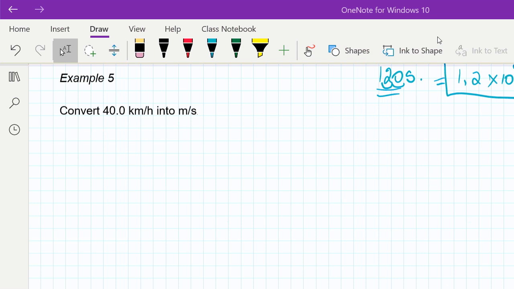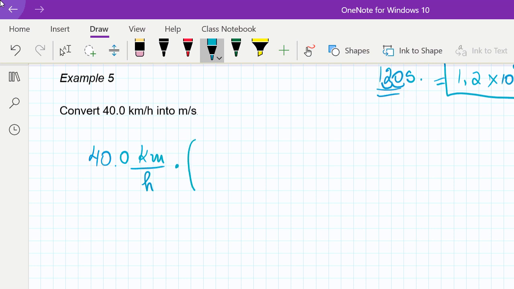Let's move now to another example, where we are converting 40 kilometers per hour into meters per second. We have seen a similar example like this in the previous videos posted on D2L, and you can refer to that example as well. So it is 40 kilometers per hour. And now we start converting.